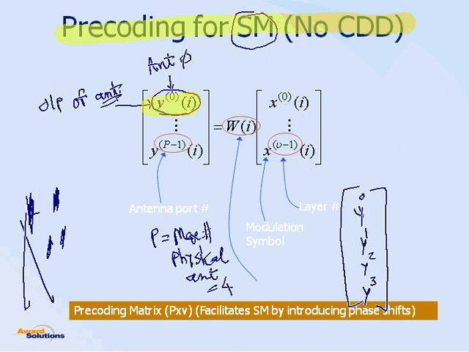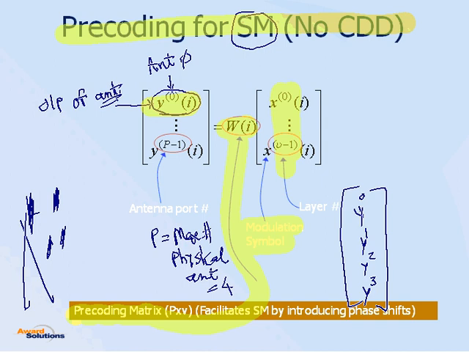Now what will go over that antenna? We just need to do simple matrix multiplication. This W is our pre-coding matrix. We multiply that pre-coding matrix by a vector that includes the modulation symbols.